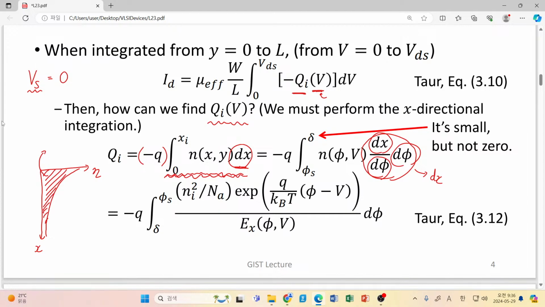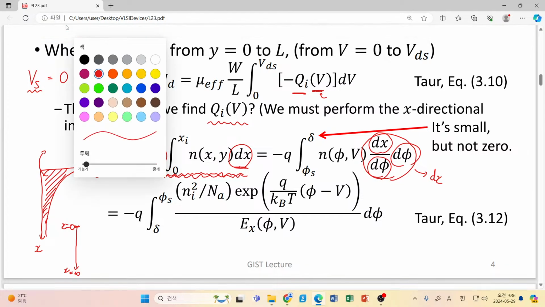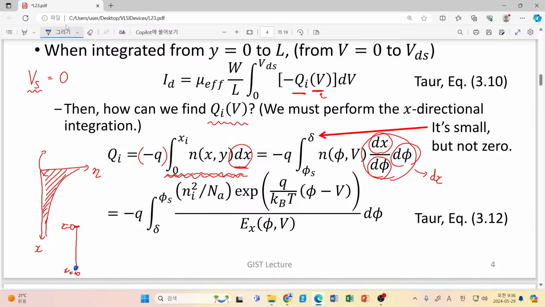Please think about this one. Here we have the x-axis, and this corresponds to x equal to 0. Of course, if we go deep inside this system, then our result will be 0. Why? Because our potential right now is referenced to the deep substrate value.